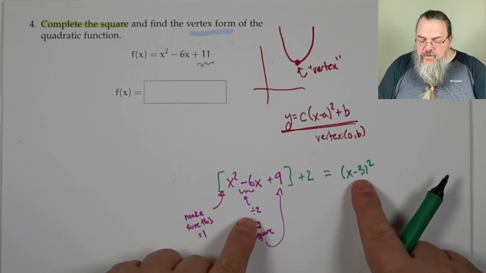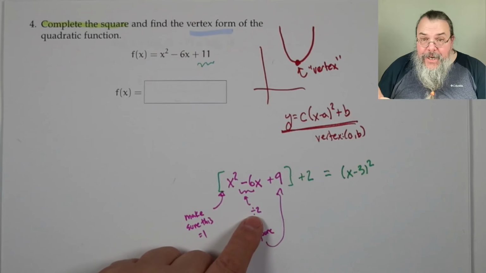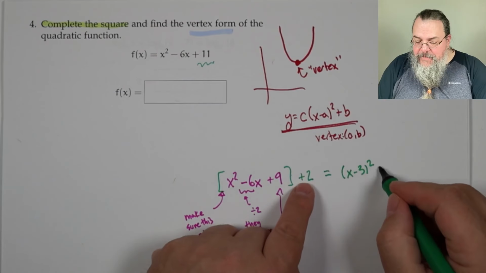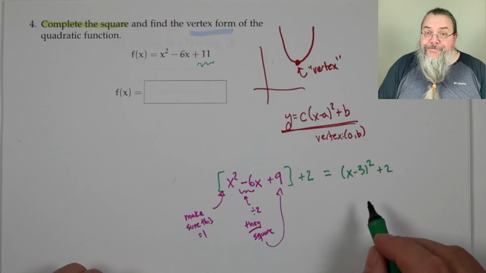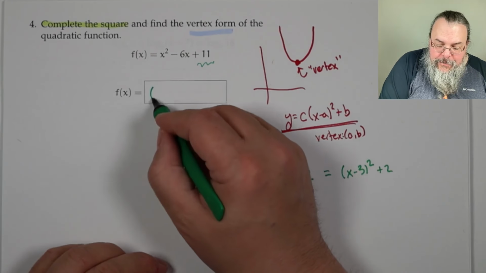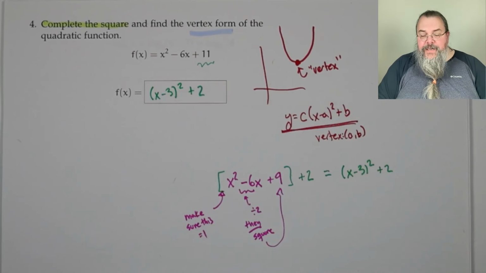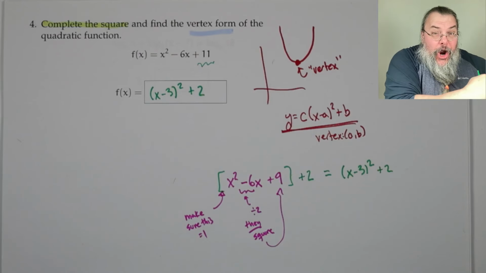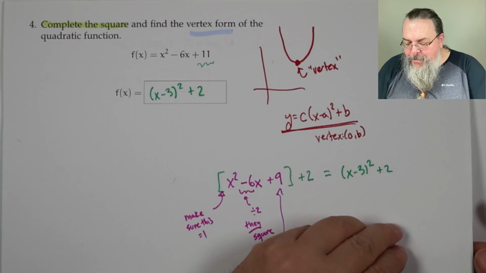Notice that this minus 3 is the same thing you get by dividing by 2. Not a coincidence. That's meant to happen. And then we still have this plus 2 on the end. And that's vertex form. So we put that in: x minus 3 squared plus 2, and we're done with that problem.